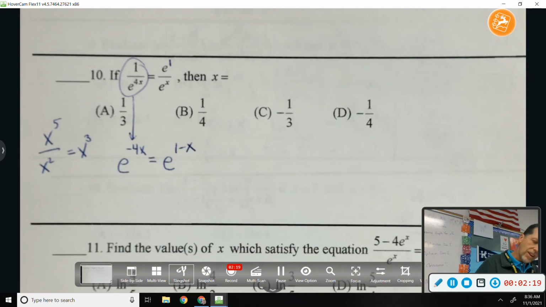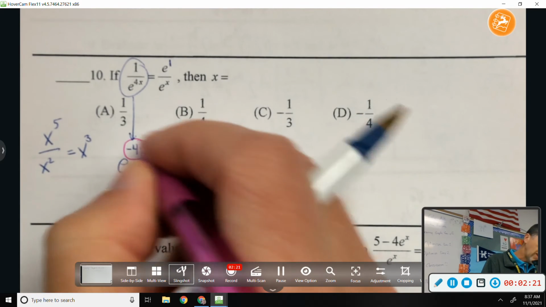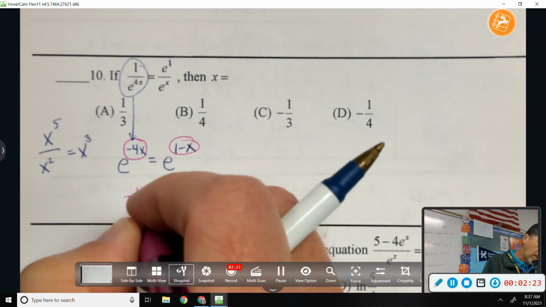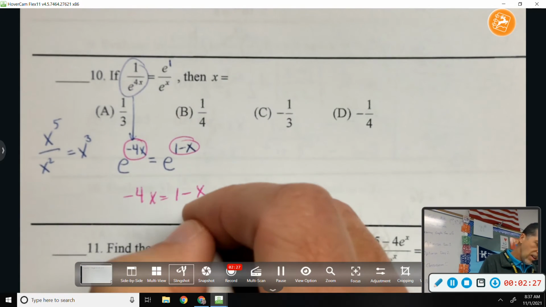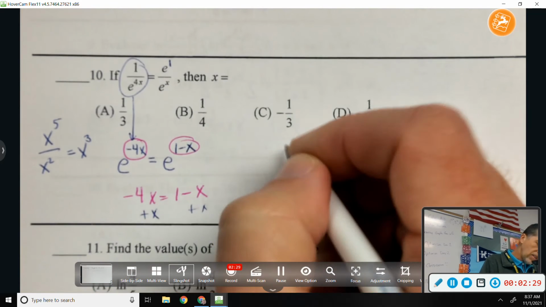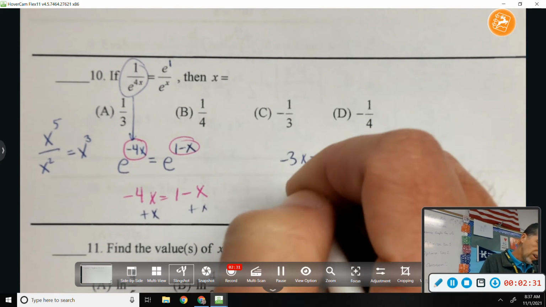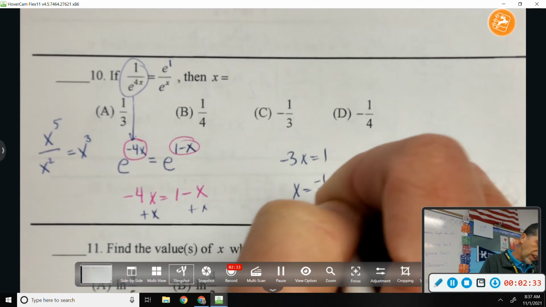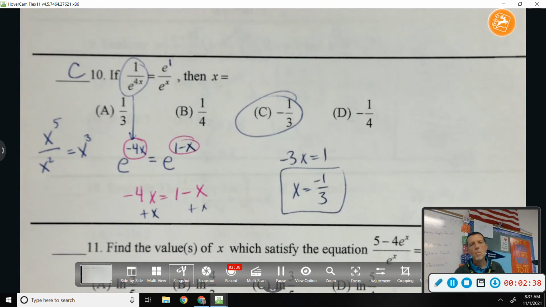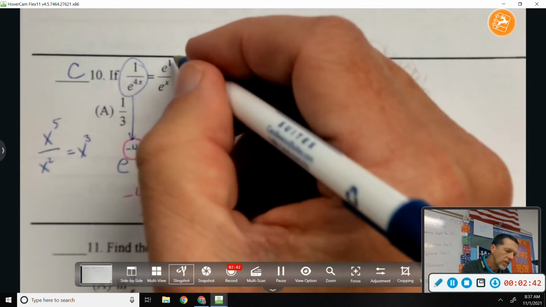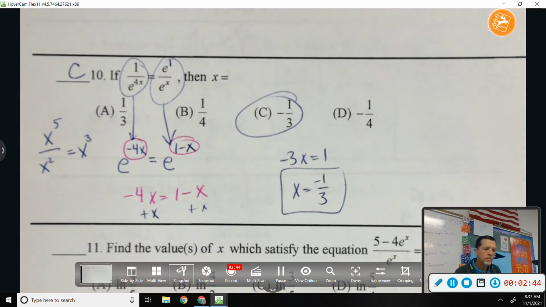So now I can say, all right, we're not canceling the e's, as much as you want to say that. We can set the exponents equal to each other. So negative 3x equals 1, and x equals negative 1/3. But that first step was the hardest, I think.